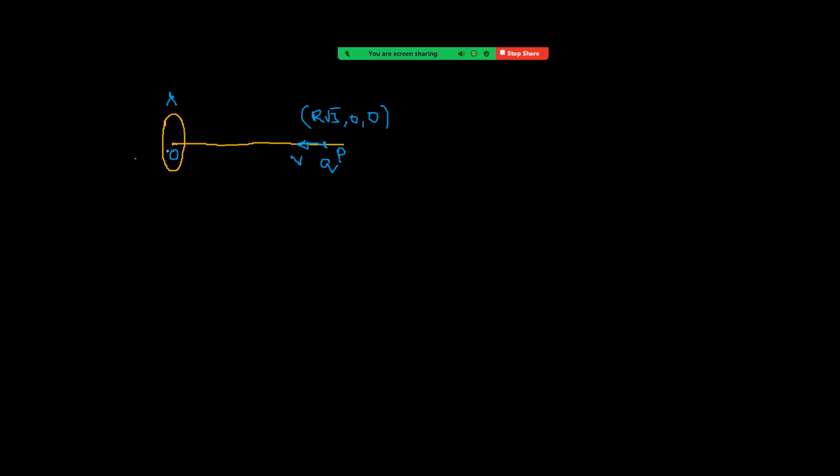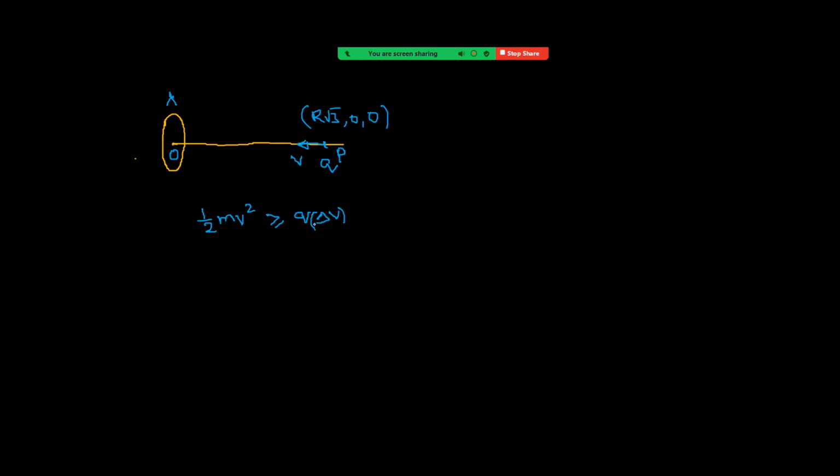So the minimum condition is that at least it has to reach the origin. Therefore, the loss in kinetic energy should convert completely, or should be greater than or equal to, charge into potential difference.